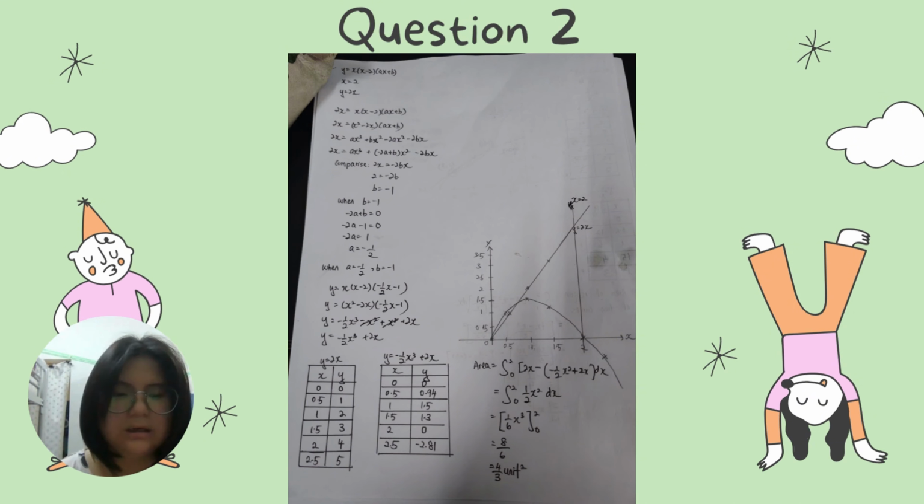The area between these curves is the upper curve minus the lower curve, that is 2x minus (negative 1 over 2 x squared plus 2x). The final value of the area that I get is 4 over 3 units squared.